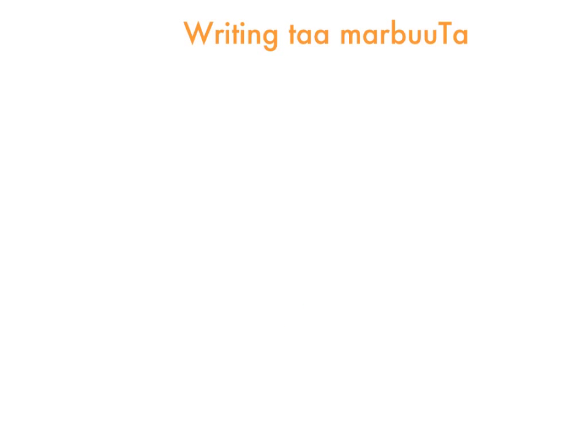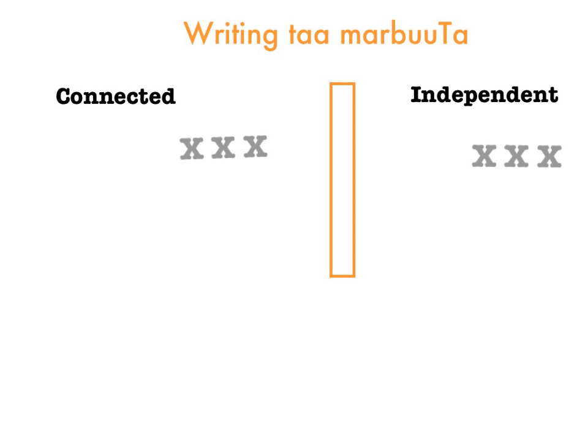Now let's see how we write the ta marbuta. Ta marbuta has two forms, independent and connected form. In independent form, it is written like a circle with two dots on top. At the end, in its connected form, it is like a connected four with two dots. A good example for the independent form is the word surah.